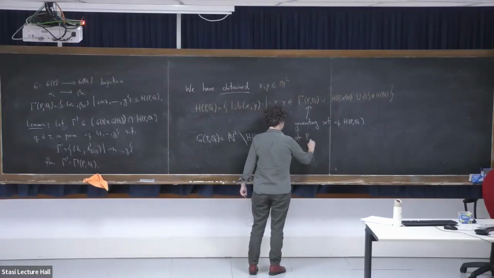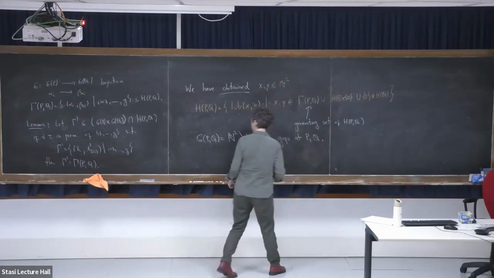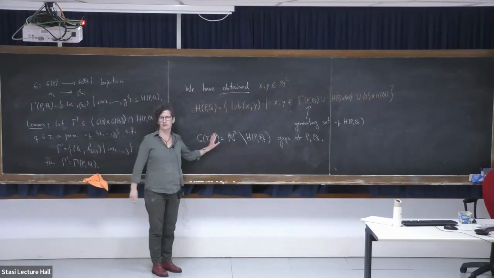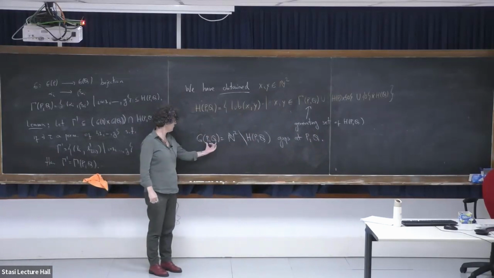Do you remember for 1 point, the gap set had order g. Now for 2 points, the order of the gap set we don't know anymore. It depends on the point you have fixed on your curve, on the places you have fixed on your function field.